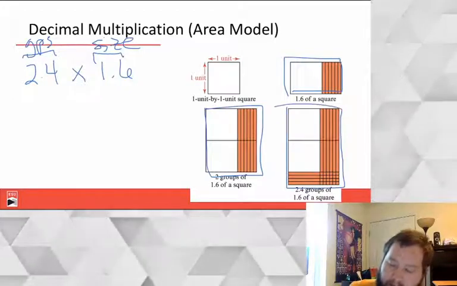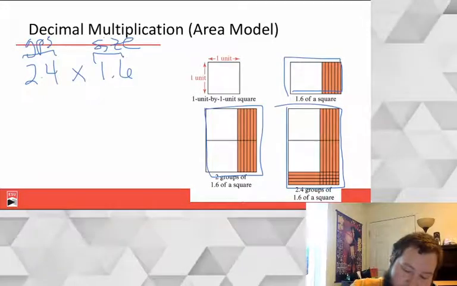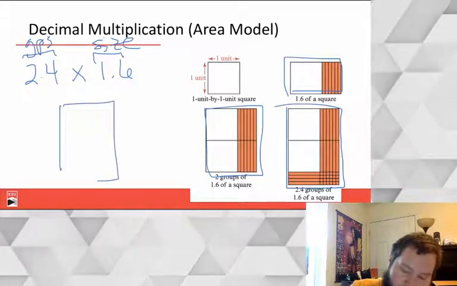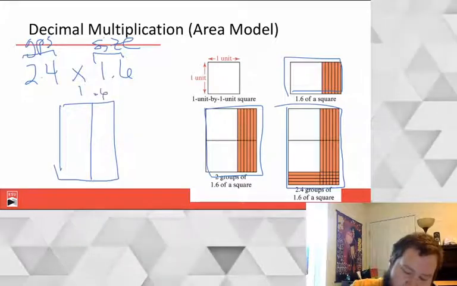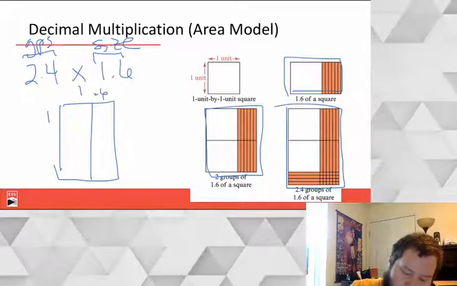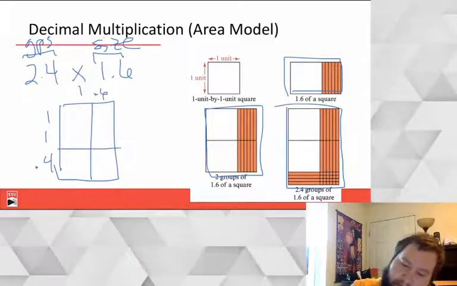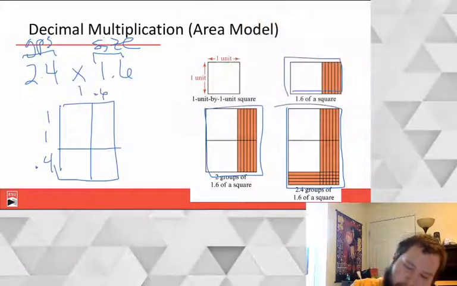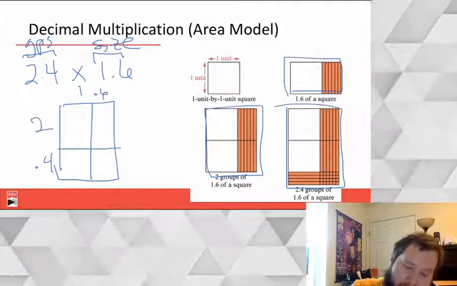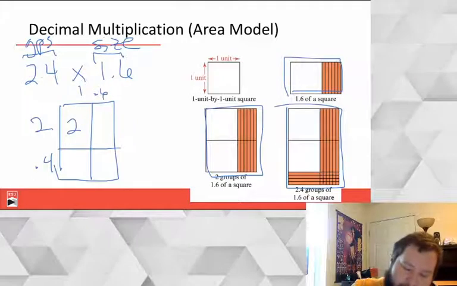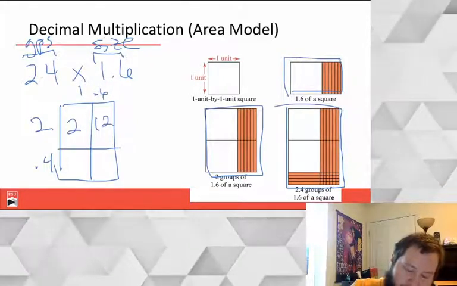We use our partial products. So here we have, and I'm going to rewrite this one over here. So we have 1.6, 1.4. And actually, if it's okay, let's just call that 2. 2 and 2.6s is 1.2. 1.4 is a 0.4.